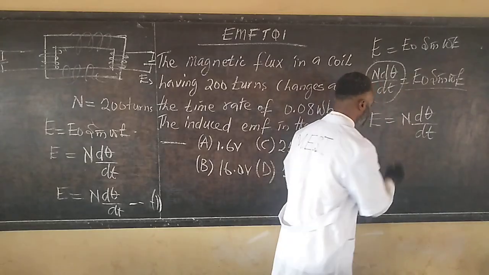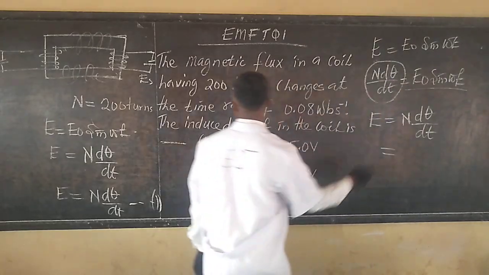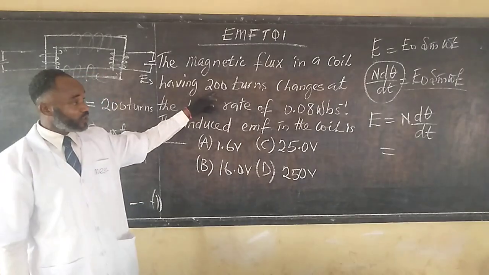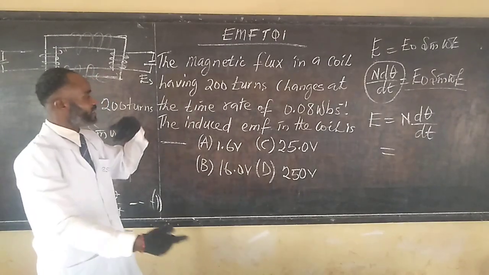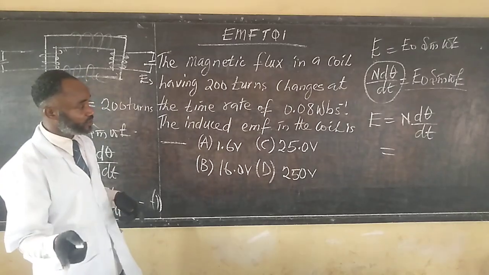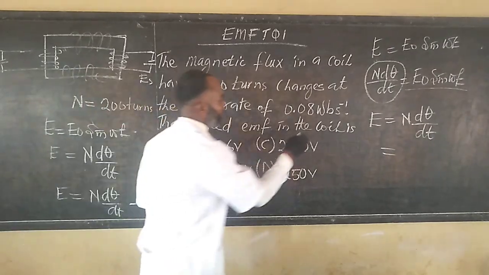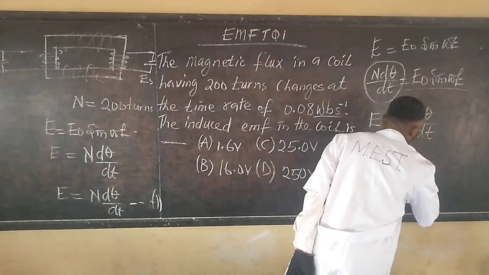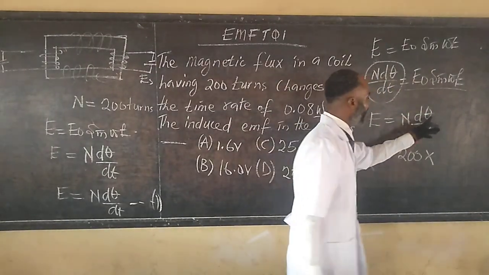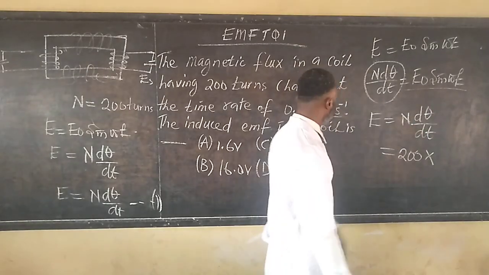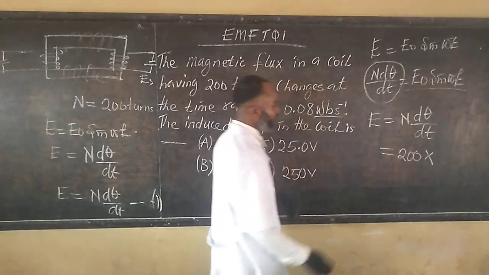That's the time rate. Where we have N, our N here is 200, the number of turns, which changes at the time rate of 0.08 Weber per second, the SI unit of magnetic flux. So we now have 200 times the time rate of the magnetic flux, 0.08 Weber per second.